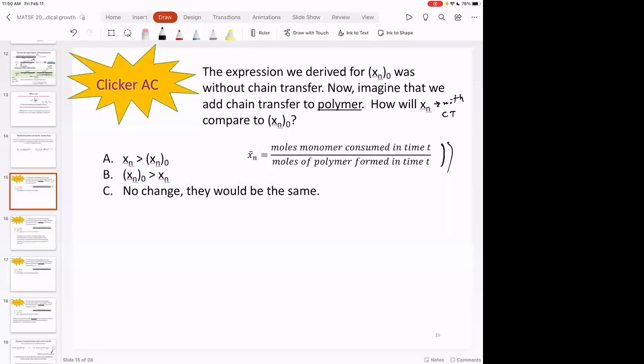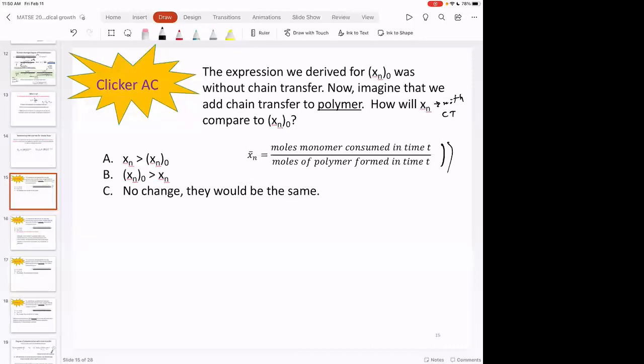And what's the key about chain transfer to polymer? You just move the growing chain end or the growing radical center from one polymer chain to another polymer chain, right? So the monomer's just sitting there.